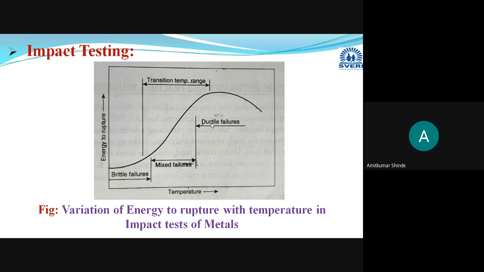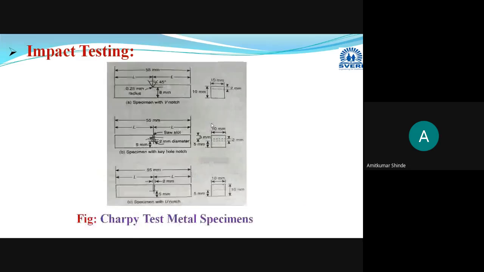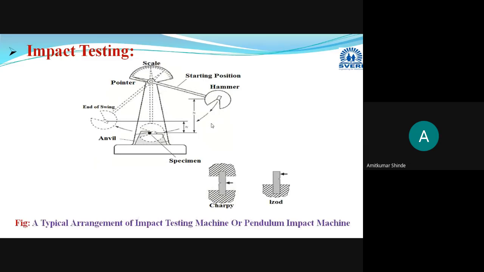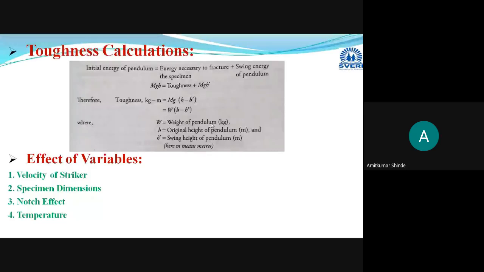In this way, this impact testing is finished. In this, the very important points will be, first you have to draw the diagram, then you have to explain the Charpy test specimen preparation, Izod test specimen preparation, then what will be the difference between these two test specimen preparations, then how the actual test is conducted, then how the toughness is calculated, and what are the factors affecting the toughness or impact resistance of that particular material.